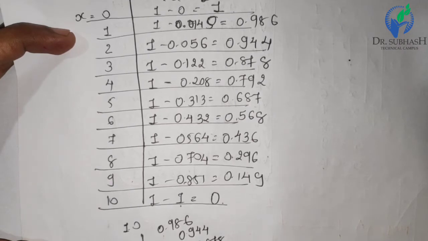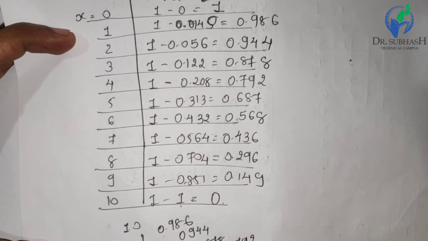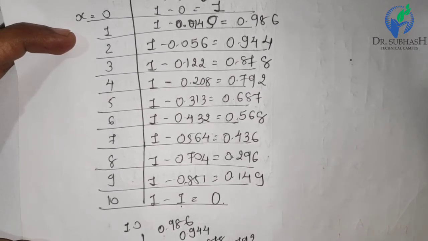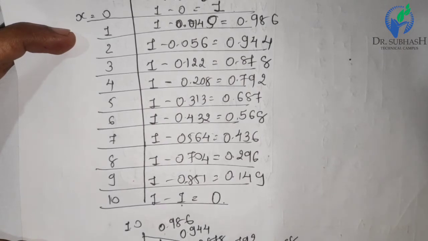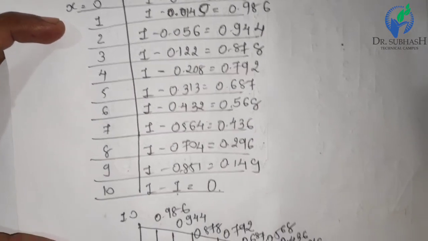The next 0.792. Next 0.687. Next 0.568. Next 0.436. Next 0.296, 0.149 and 0. So you have to draw this curved line.